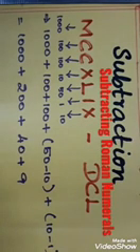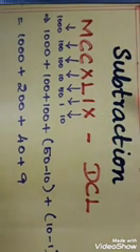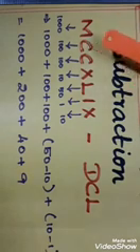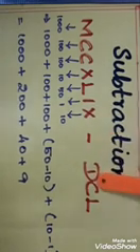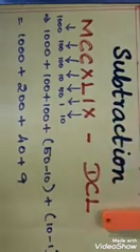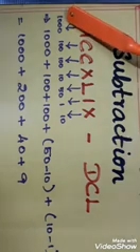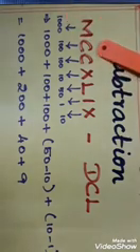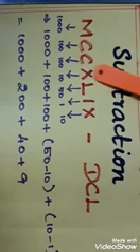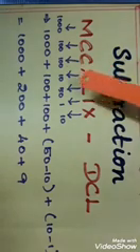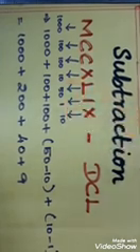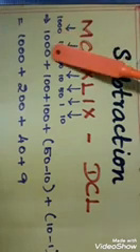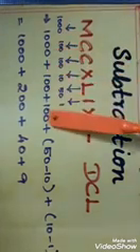Similarly, we are going to subtract the Roman numerals. MCCXLIX minus DCL. The value for M is 1000. Value for C is 100. X is 10. L 50. I 1. X 10. Now add this. 1000 plus 100 plus 100.